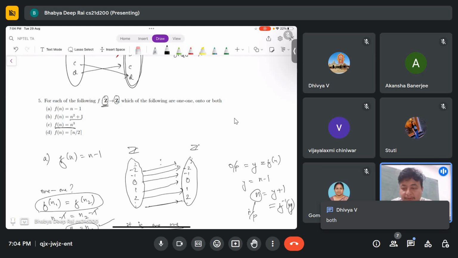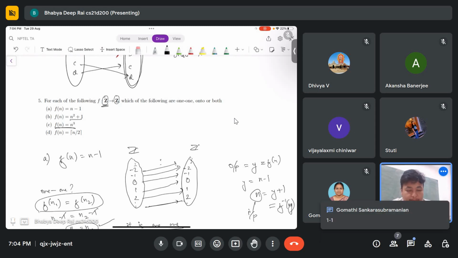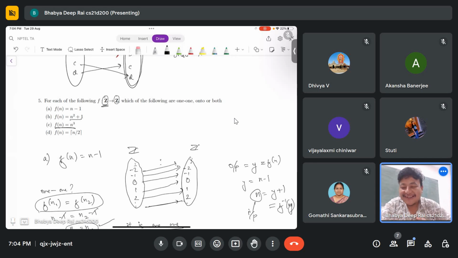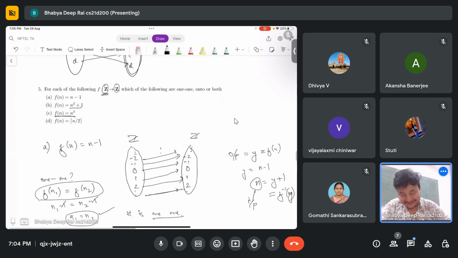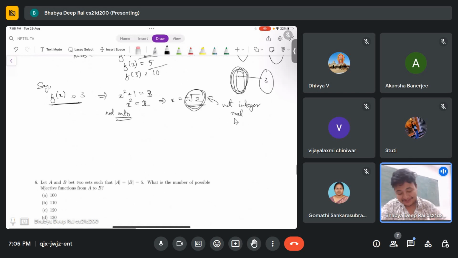Gomati says 1 1. I read it as 1 minus 1. Yeah, Gomati said 1 1.